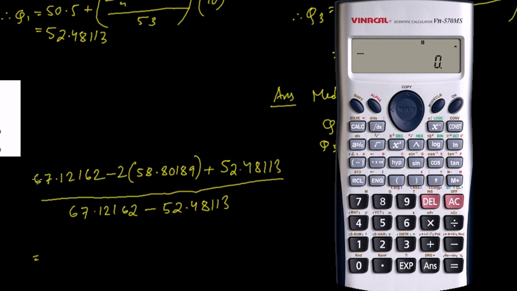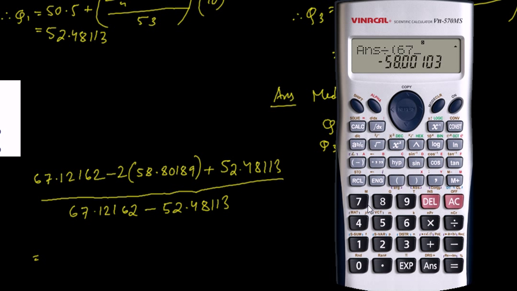Now let's calculate the upstairs first. 67.12162 minus 2 into 58.80189 plus 52.48113 equals this. So it's negative. Now divide it. Be careful, the calculator doesn't understand division very well. It can handle plus, minus, multiplication without any brackets, but division is a problem, so give a bracket. The whole thing is divided.